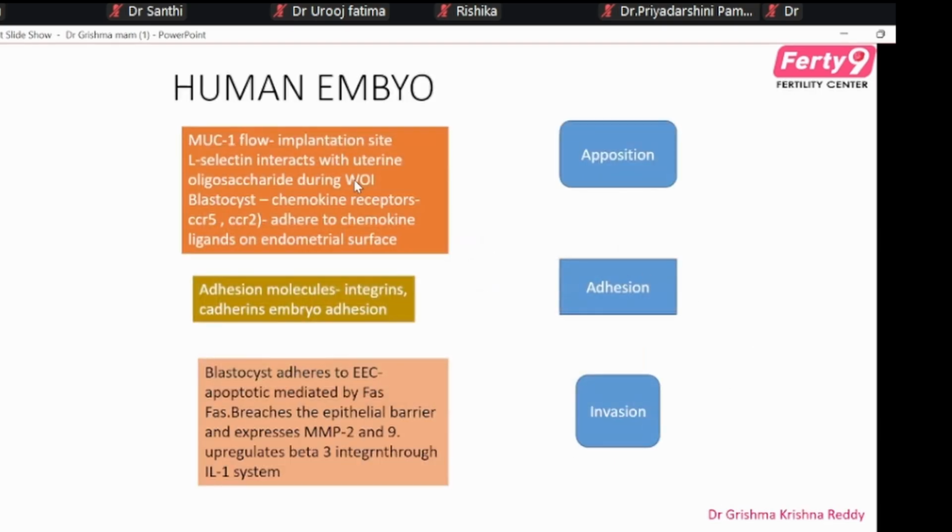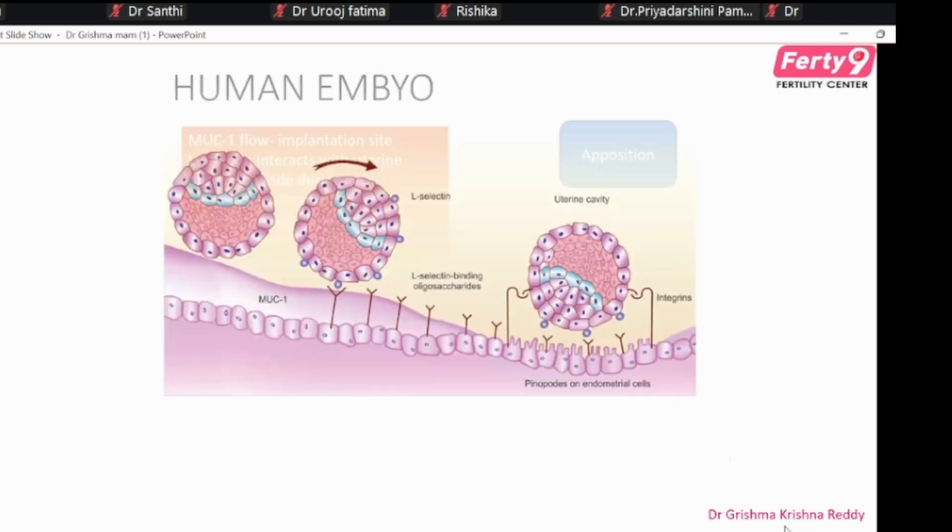This is the same thing, how the human embryo is attached, because of MUC1, L-selectin, these chemokine receptors, then adhesion molecules are integrins, cadherins. So for invasion, these FAC ligands will help, matrix metalloproteinases, all this will help in this attachment process.